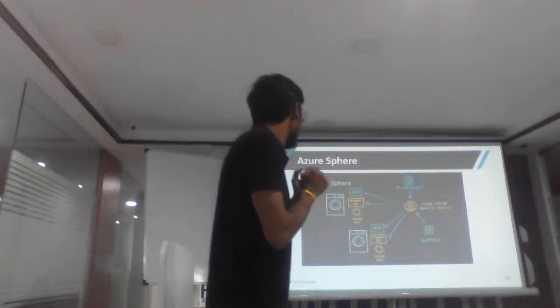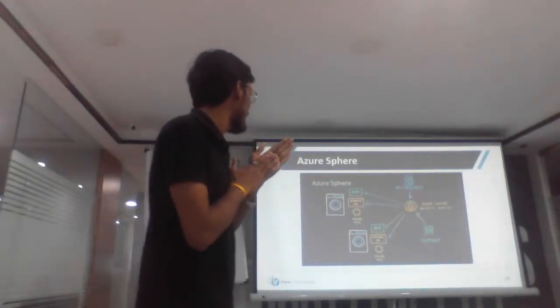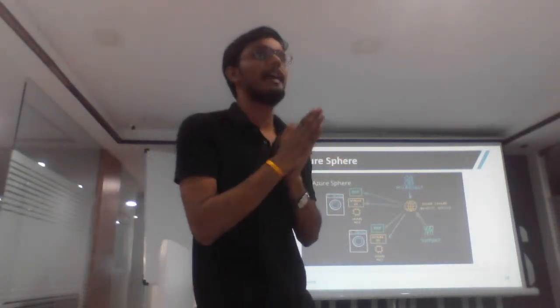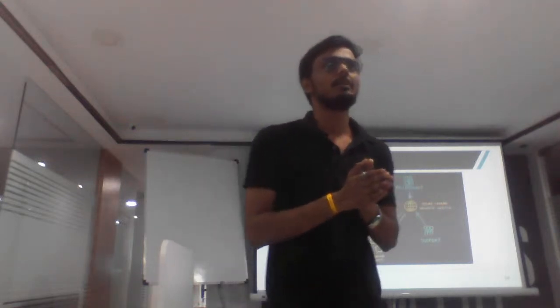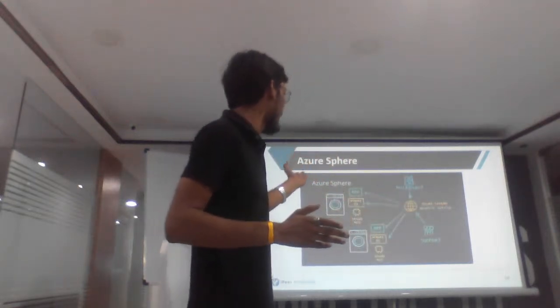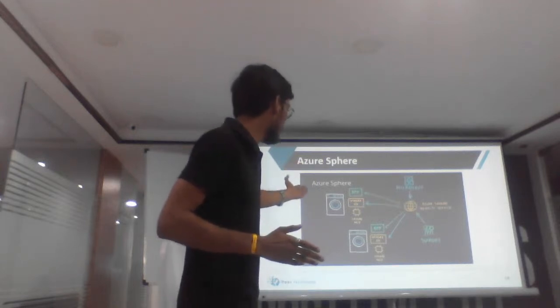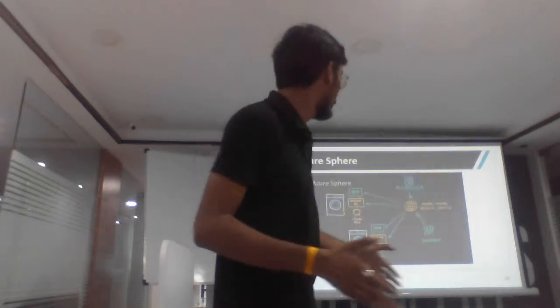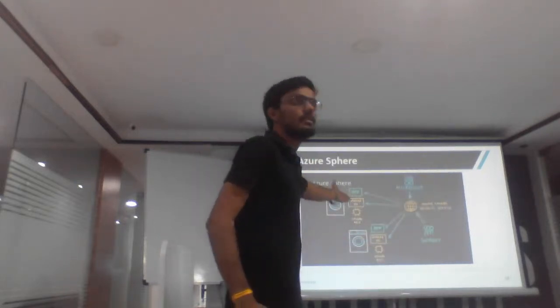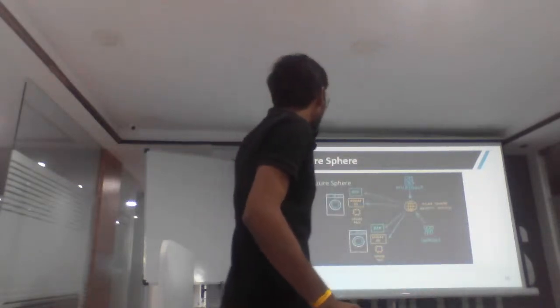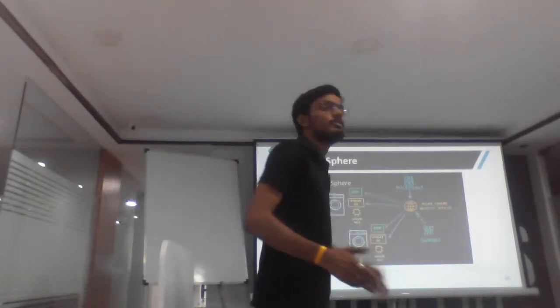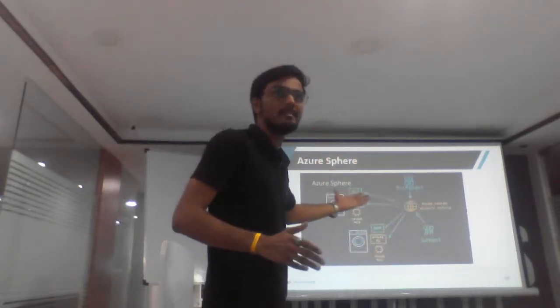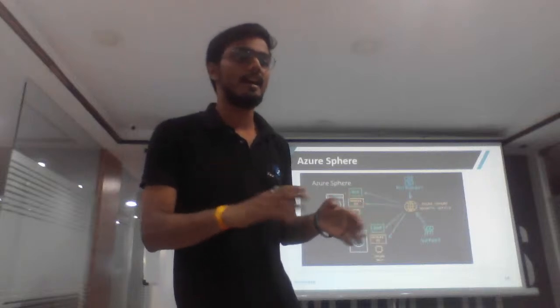So last is Azure Sphere. Basically, Azure Sphere is an end-to-end IoT solution, a more secure IoT device and secure IoT services. We have an IoT device where we put a Sphere MCU, a microcontroller unit, and we install the Sphere OS on our IoT devices, where we monitor the data locally, like an embedded system. For example, a washing machine, where we set the timer and all those things.